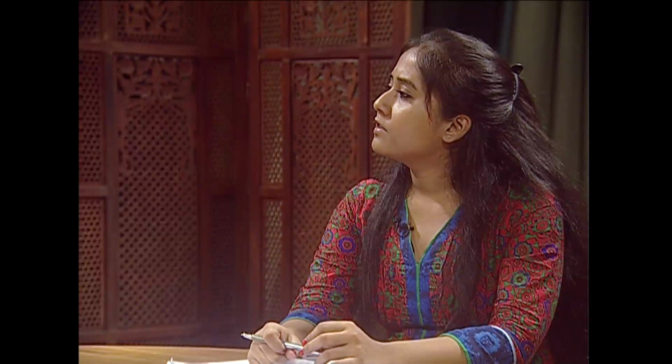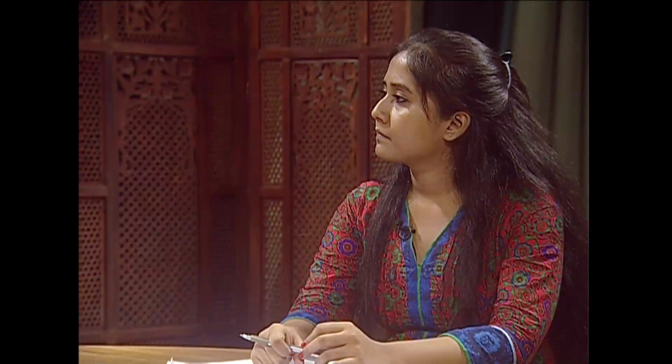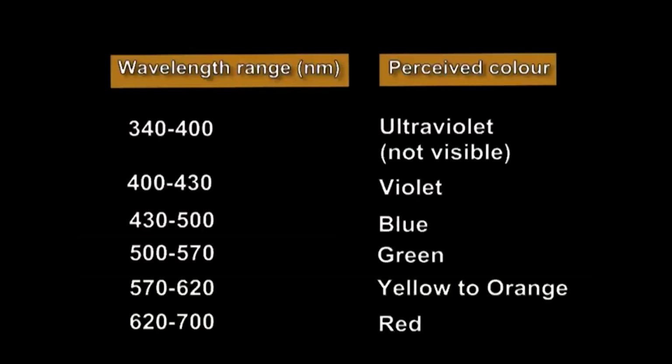Sir, what are the wavelengths related to the different colors we see? You can look at the table, which shows that the wavelengths vary with color.